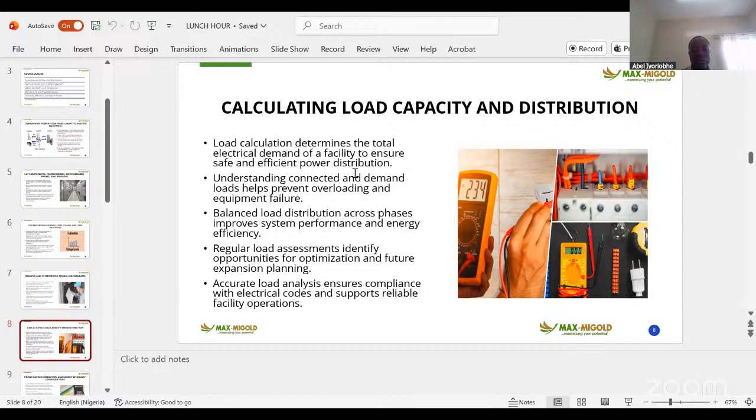You have to keep a record of the load that you currently have, and ensure you don't overload your generator, your equipment and your cable. Accurate load analysis ensures compliance with electrical codes and supports reliability.